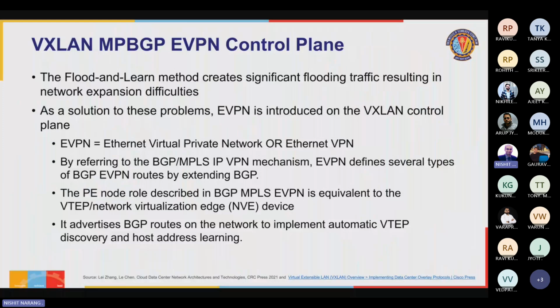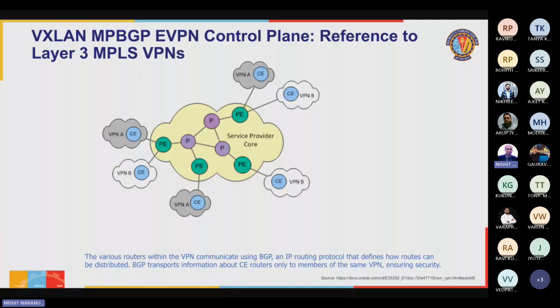It's been used in the past for creating virtual private networks for enterprises which are connected over the internet. So the VPNs that we use when doing work from home are a special case of MPBGP EVPN. So in general, how has this protocol been used in the past? You have a service provider, right?